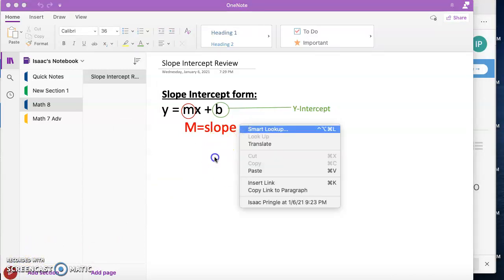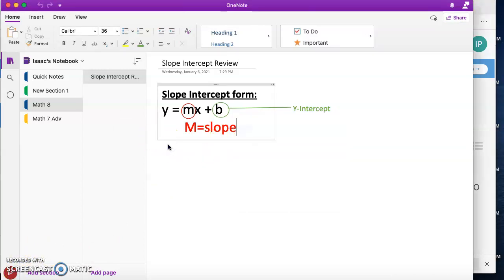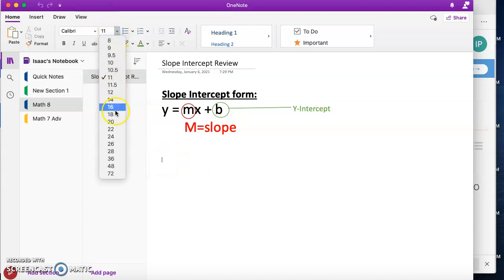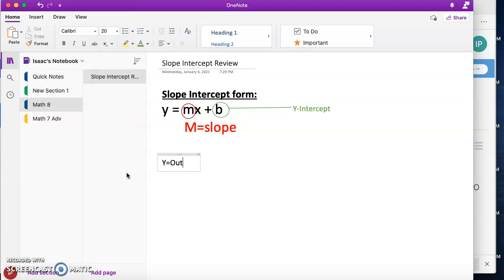And now once we know that m is slope and b is y-intercept, the next thing we need to think about is what x and y equal. Those are our last two letters that we're going to replace with numbers. So y is the output, that's the vertical numbers on a graph, and x is the input, that's the horizontal numbers on a graph.